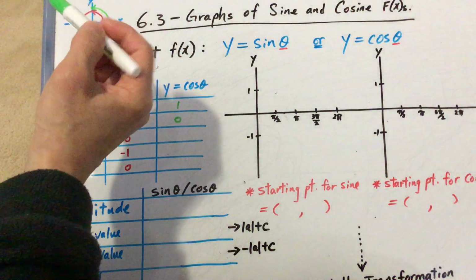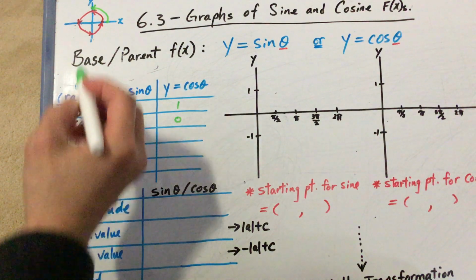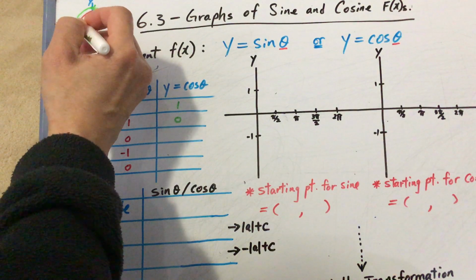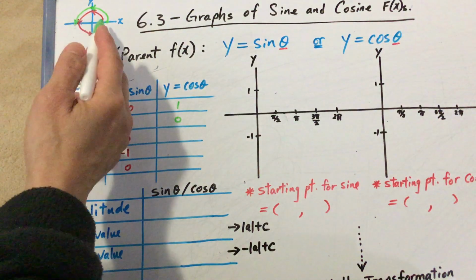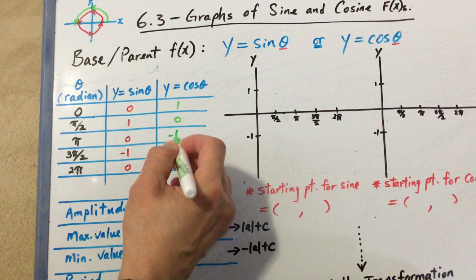If I continue moving on to the next one, the pi, the 180. So a cosine of 180 will land on the x-axis, and because it's on the other side of the y-axis, this will give you a -1.